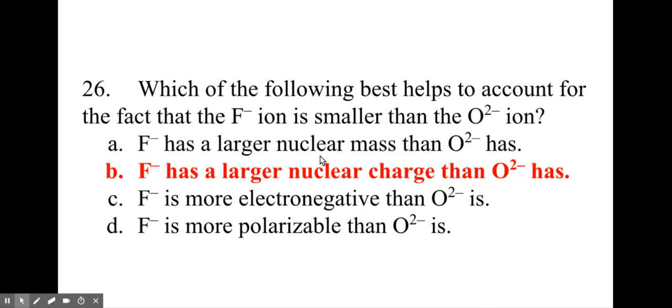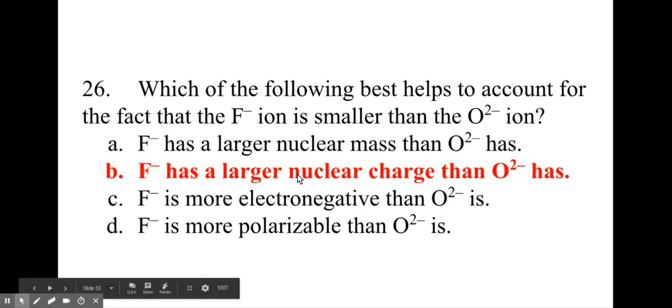Okay, so nuclear mass, well, A is just not true because fluoride does not have a larger nuclear mass. It is more electronegative, but that isn't going to affect radius, which is when they say smaller, that's what they're talking about. Neither is polarizability.